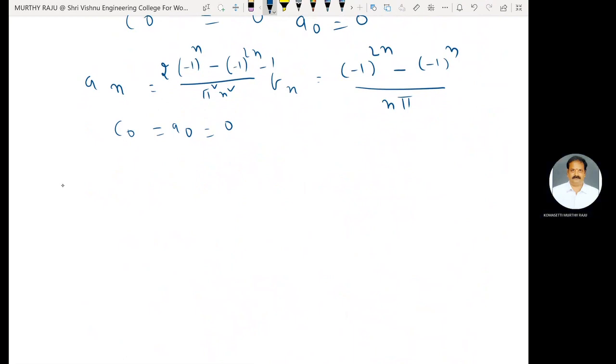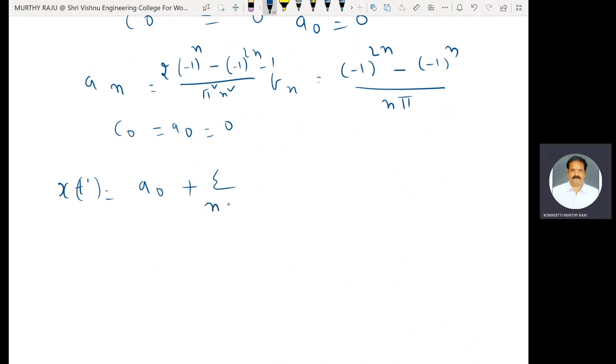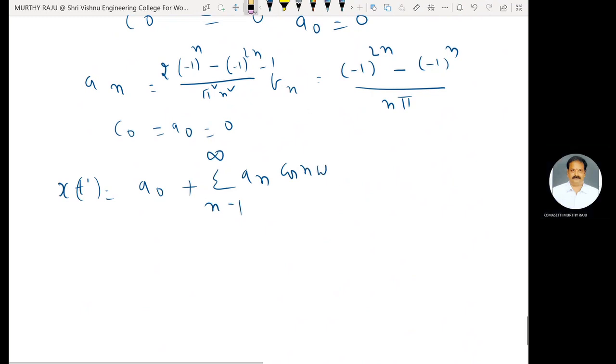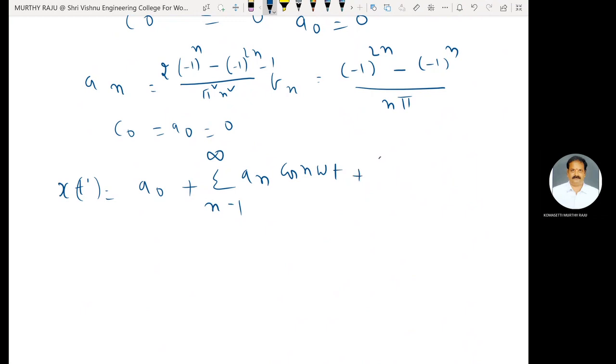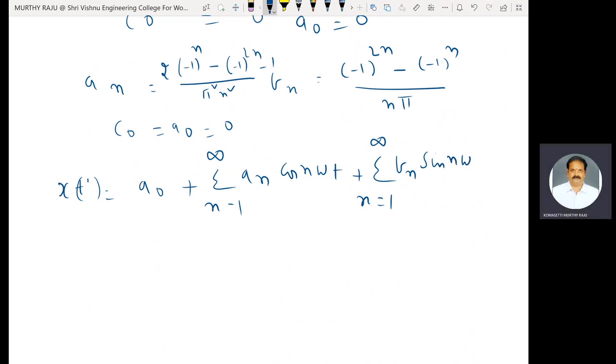Finally, x of t is equal to a naught plus sigma n is equal to 1 to infinity an cos n omega t plus sigma n is equal to 1 to infinity bn sin n omega t. A naught is 0.